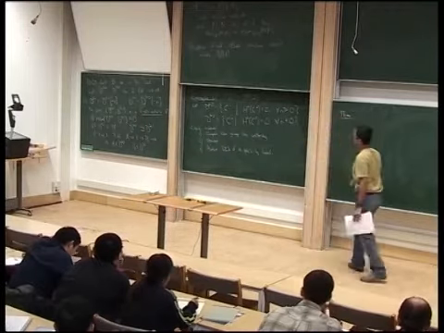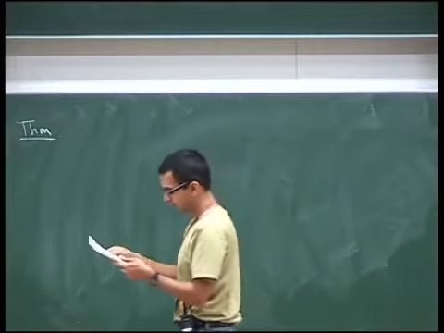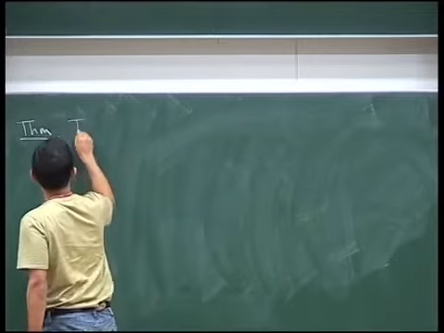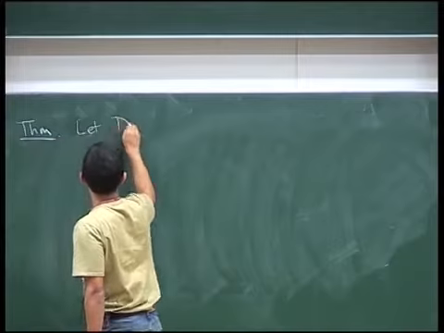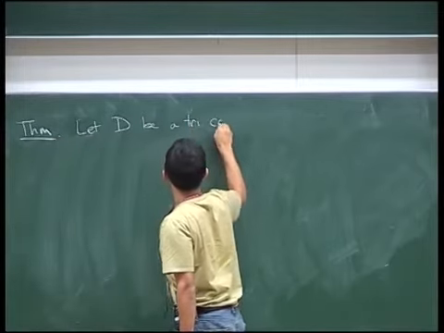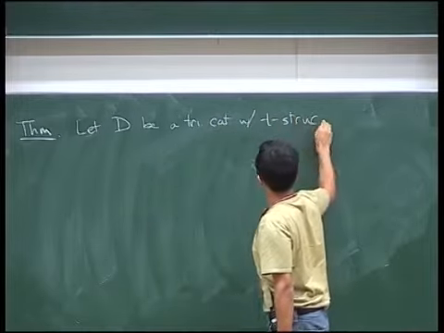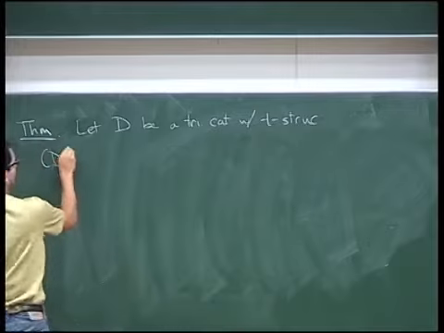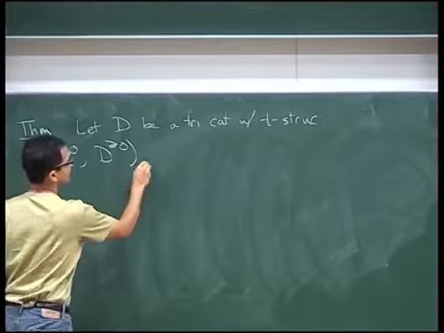All right, and then the theorem, which is the reason for defining t-structures, is this. Let D be a triangulated category with a t-structure, D less than or equal to 0, D greater than or equal to 0.